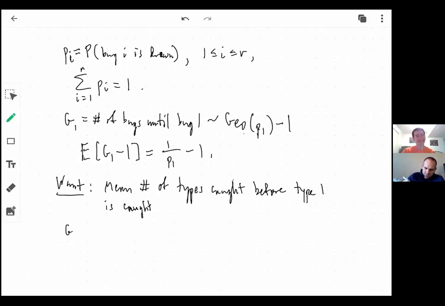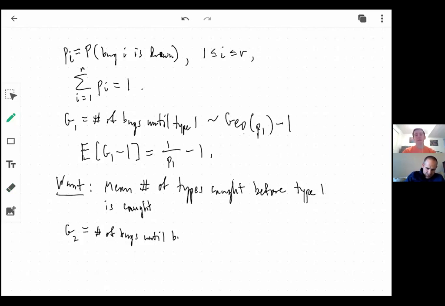So G2 is going to be the number of bugs until what? What do you think? Until type 2 is caught. Yeah, type 2. I don't like that I wrote bug; this is type.